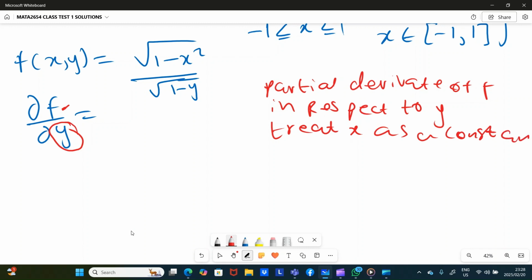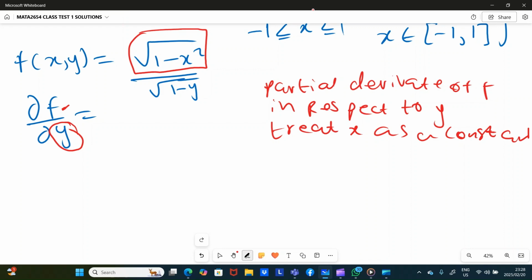So you don't have to worry about x. We are just going to leave this the way it is. We are only going to work on this part here, okay? That is the only part where we are going to differentiate our function.